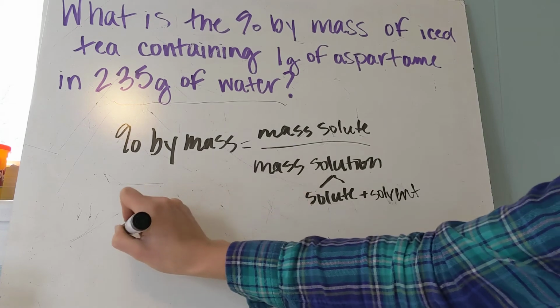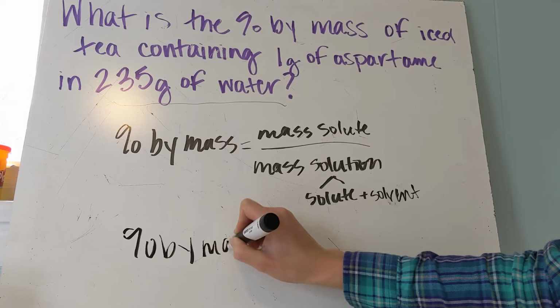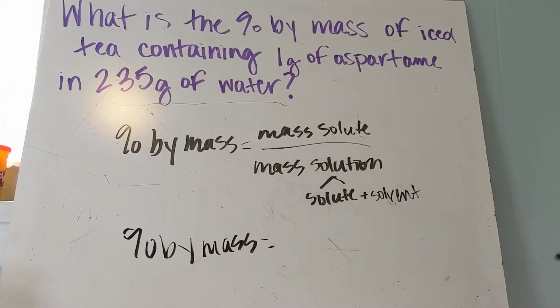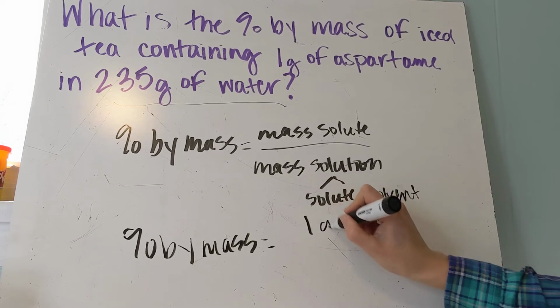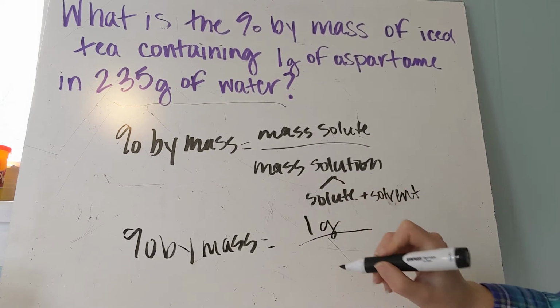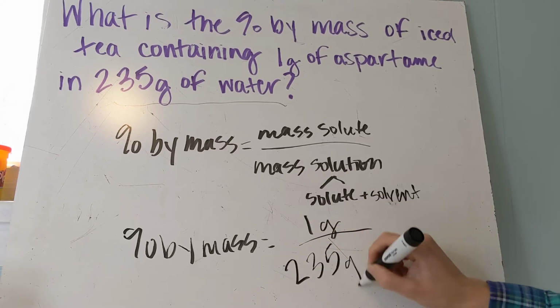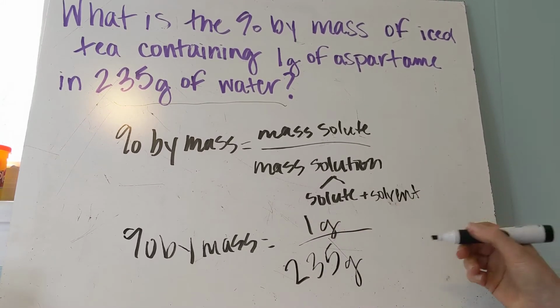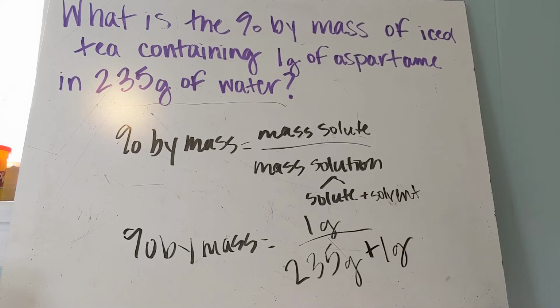So where I have percent by mass, I have my mass of my solute. I'm going to have 1 gram divided by 235 grams. That's for my water, plus my 1 gram of aspartame.